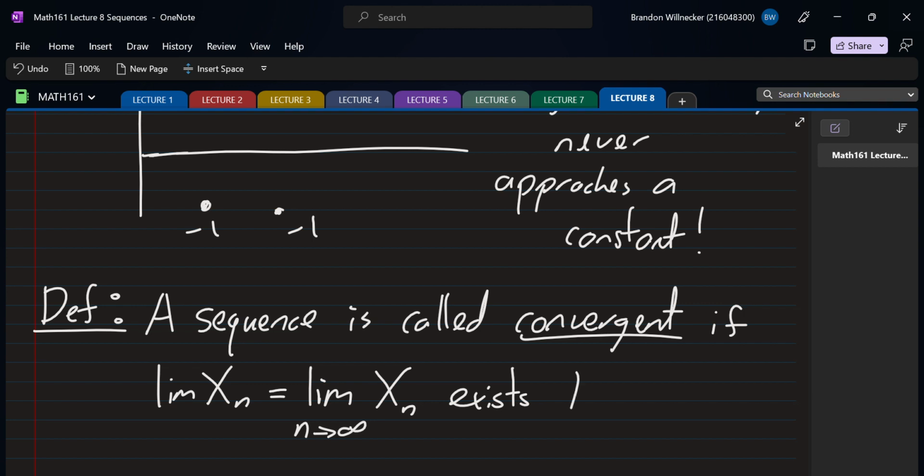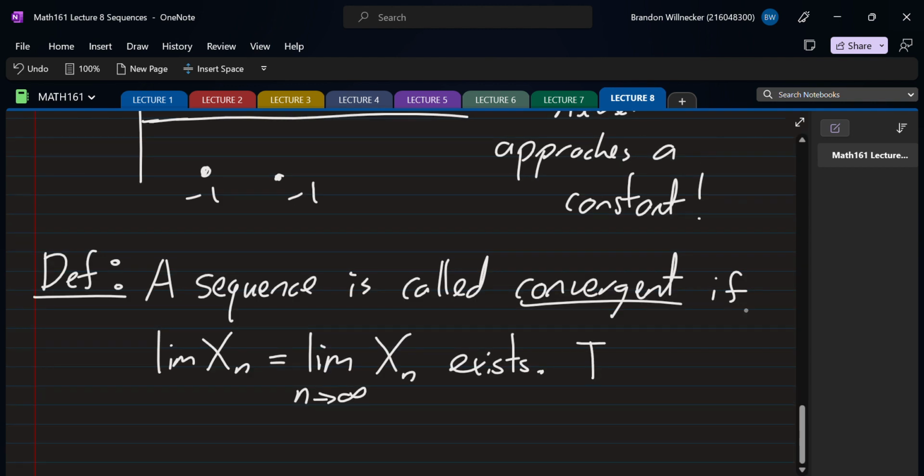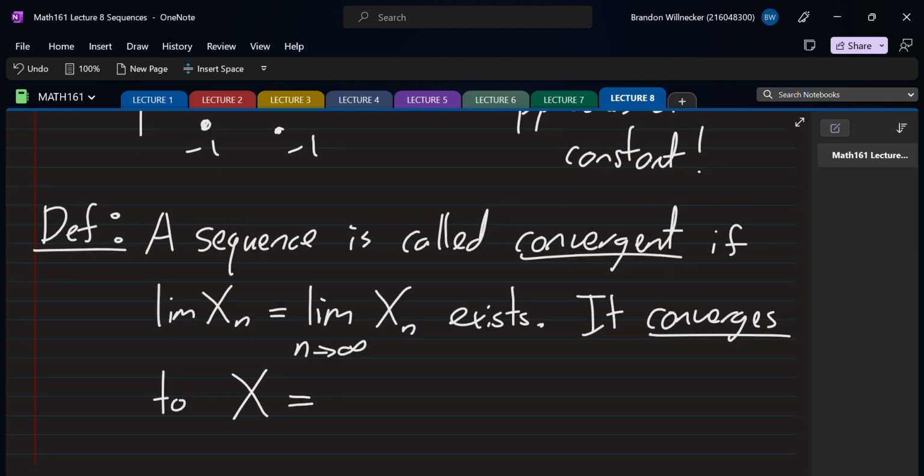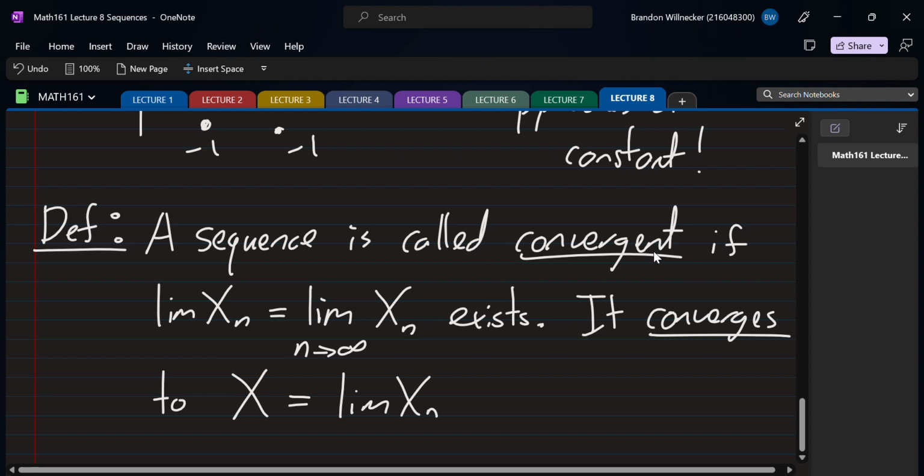If this limit exists, then we say that this sequence converges, and we can say it converges to some value x, which is our limit value. Okay, so that's what we mean by convergent.